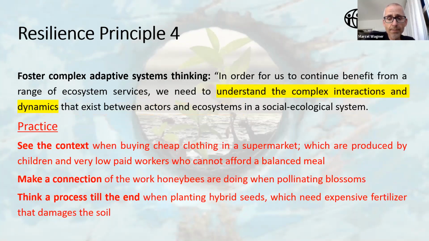Number 4 is foster complex adaptive system thinking. In order for us to continue to benefit from a range of ecosystem services, we need to understand the complex interactions and dynamics that exist between actors and ecosystem in a social ecological system. Here the practice: see the context.